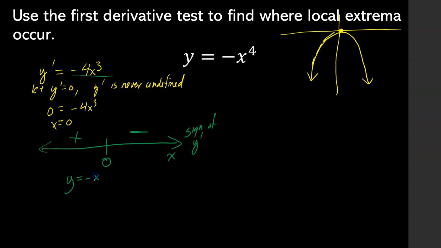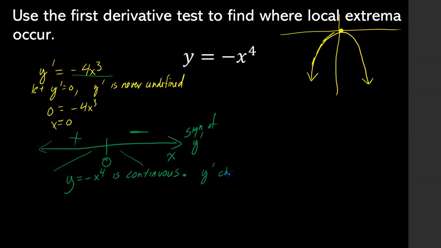Y equals negative x to the fourth is continuous. You could also say y equals negative x to the fourth is a polynomial, so it's continuous and differentiable everywhere. Okay, so do you remember, is this a local maximum or minimum? Local maximum.